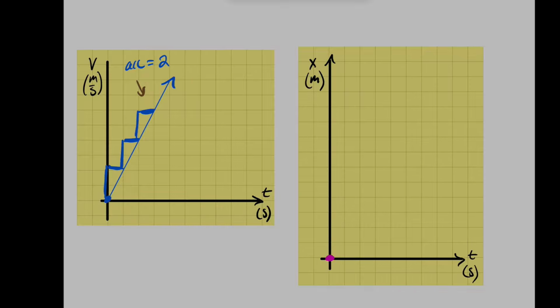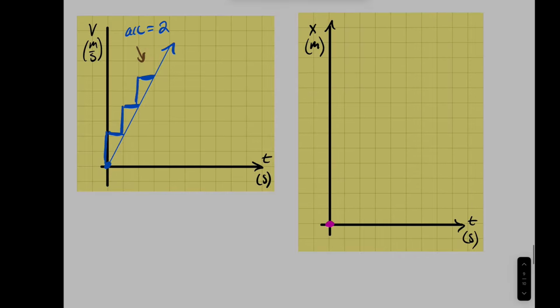Now let's talk about the units. So I'm going to scroll up a little bit for that. Well, in the upward direction, the units are meters per second. And in the horizontal direction, the units are seconds. And slope is the rise over the run. So if I do meters per second over seconds, I could leave it like that and say meters per second per second, which is okay, but I'm going to reduce it a little bit.